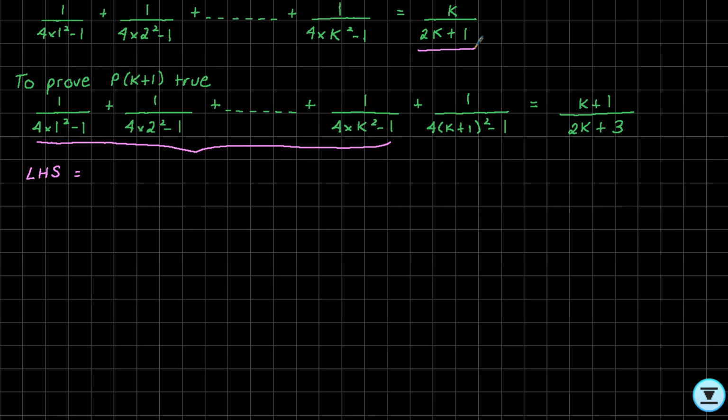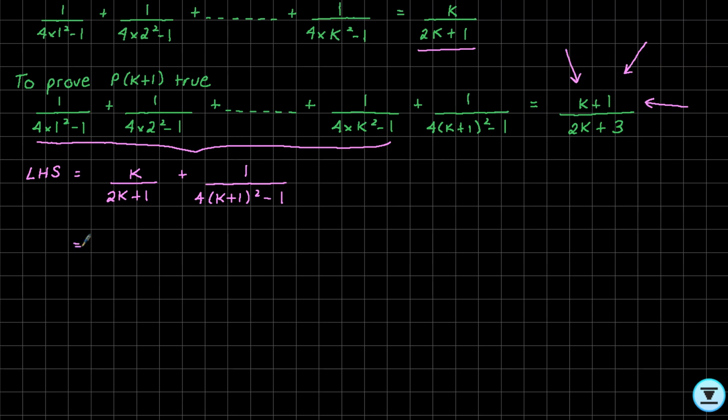So we can now say that the left-hand side is k over 2k plus 1 plus our k plus first term, which we've got here, is 4k plus 1 squared minus 1. And we've got our eyes on the prize, which is this. That's what we want to make this left-hand side equal to.